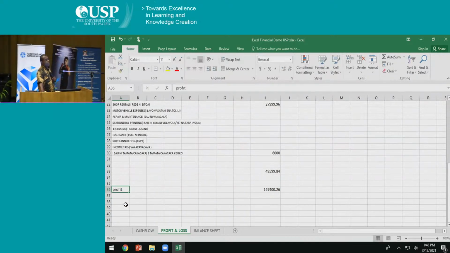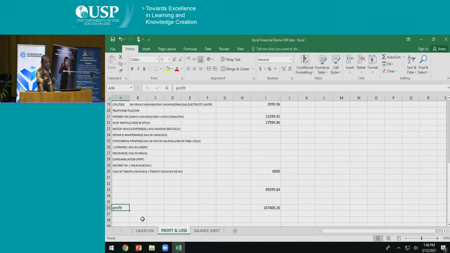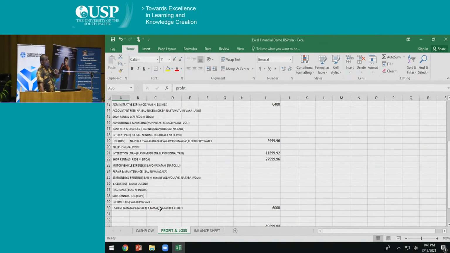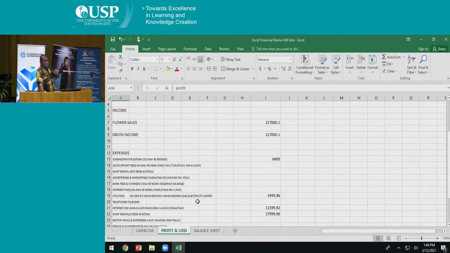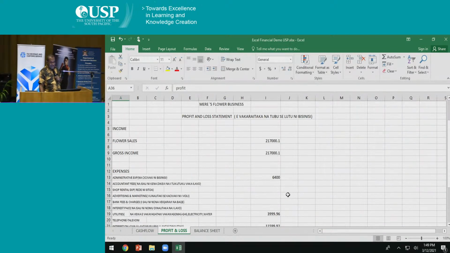Can anyone tell me when will you get a loss? Okay, what kind of figure will you get when you have a loss? It's below. Give me any figure. 100? Below 270,000. Below this.